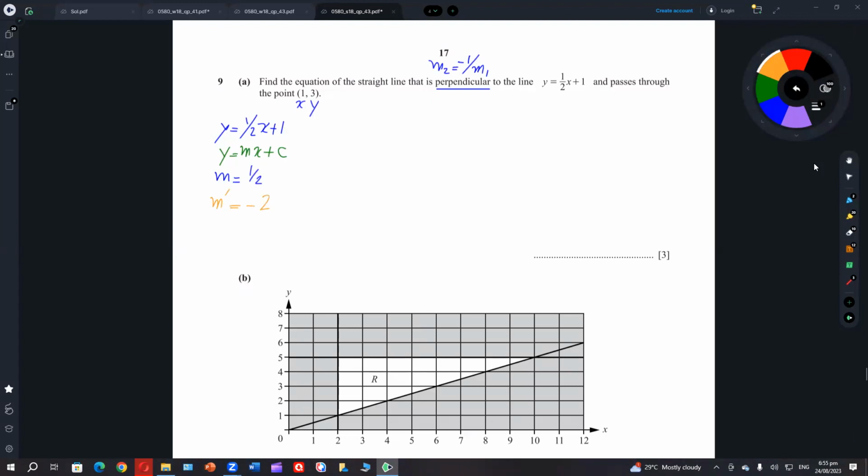This is called the perpendicular gradient, minus 2. Flip the gradient and reverse the sign.